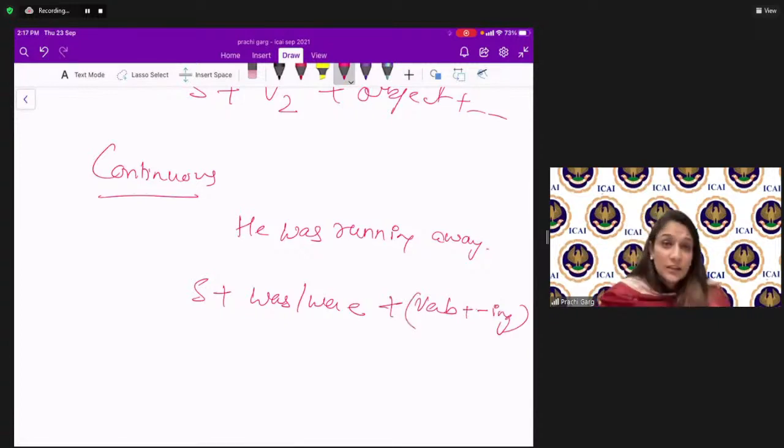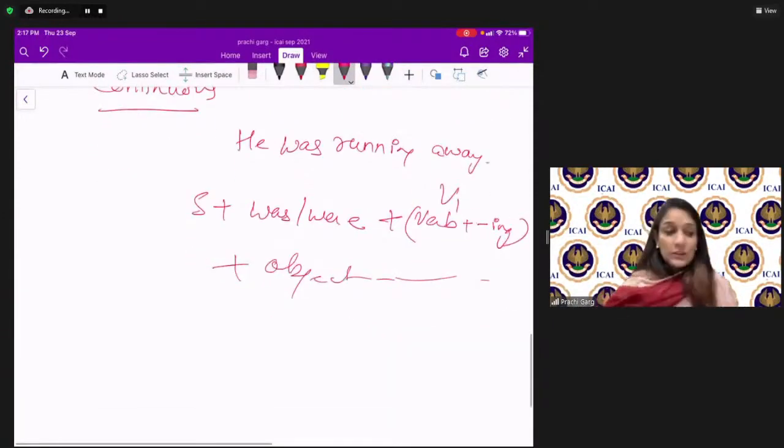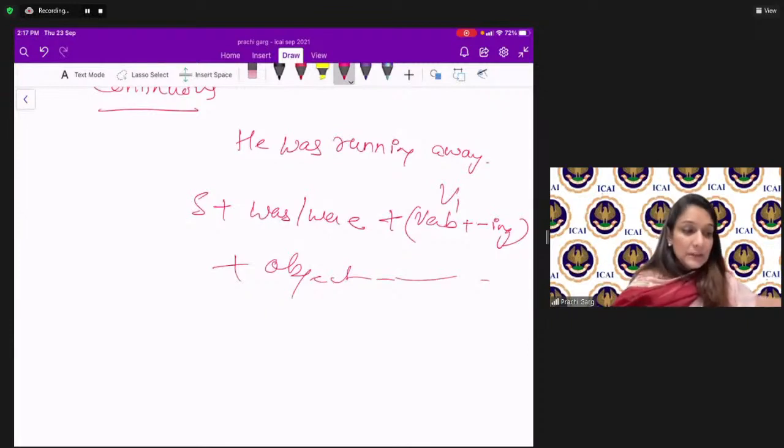Running, swimming, eating, drinking, right? So the base form of the verb plus ing, and then the rest of the sentence, the object, along with any phrases you want to add, adjective phrase, adverb phrase, whatever you want. So this is about the continuous.